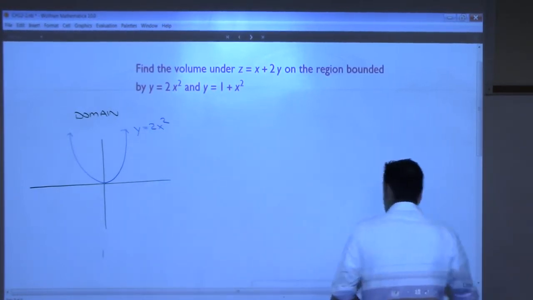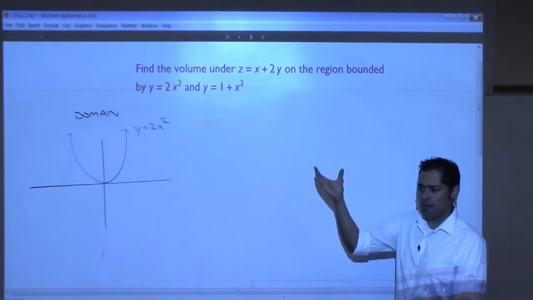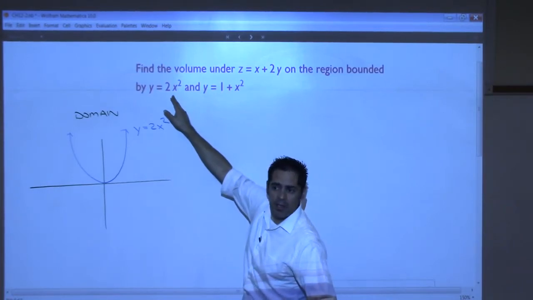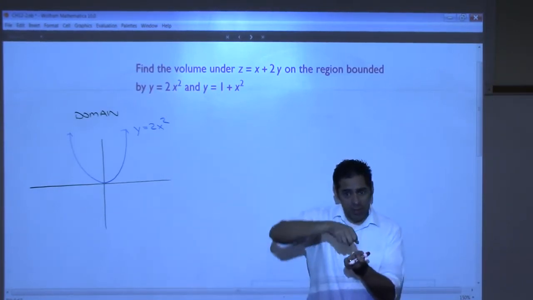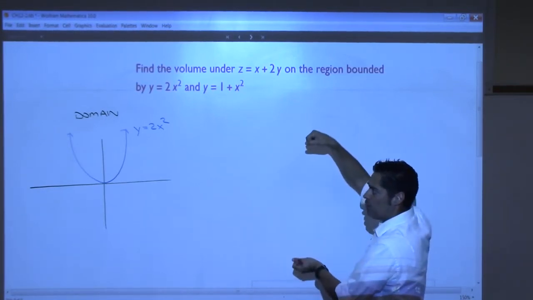And then 1 plus x squared is another parabola, right? Which opens up also, but it's moved up 1. It's also wider than this one is because 2x squared stretches you out, or compresses horizontally or stretches vertically.